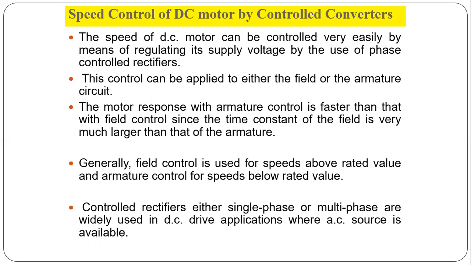Now let us understand the detailed concept of the speed control of the DC motor. The speed of DC motor can be controlled very easily by regulating its supply voltage by the use of a phase controlled rectifier, and this control can be applied to either the field or the armature circuit.